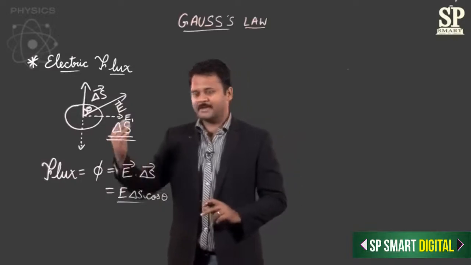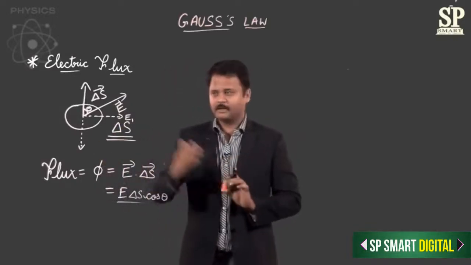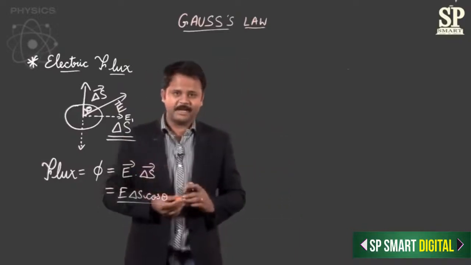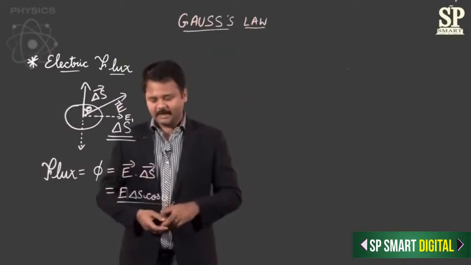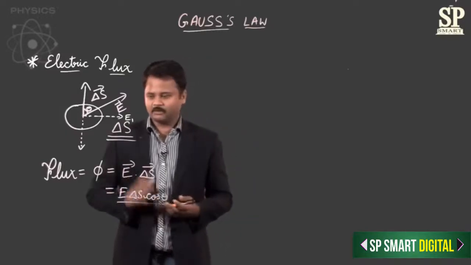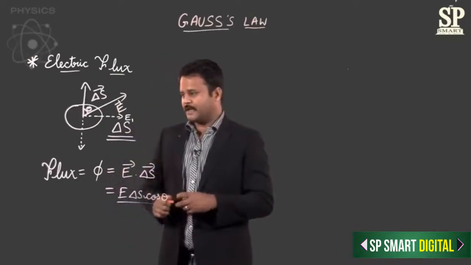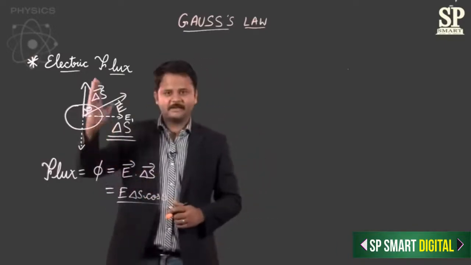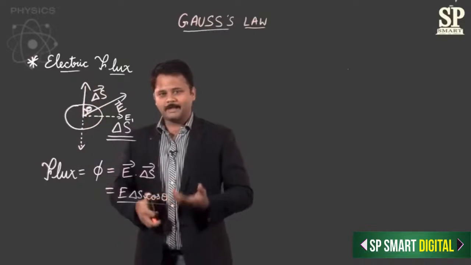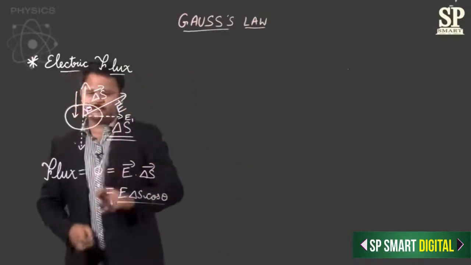So whenever there is an electric field which is grazing the surface or is parallel to the surface, then the angle that it makes with the area vector becomes equal to 90 degrees, and the formula reduces to 0 value. That becomes the value for flux. Also, let's say we've defined that this is the positive normal, and then the electric field is in this particular direction.